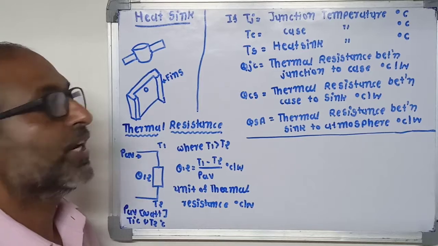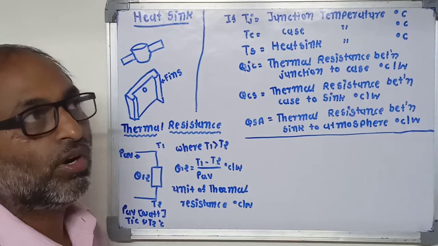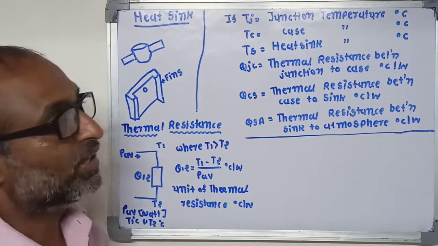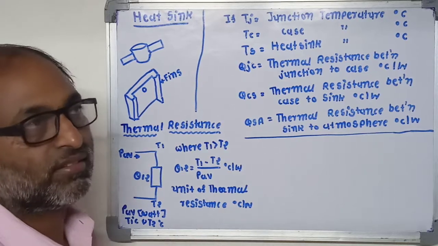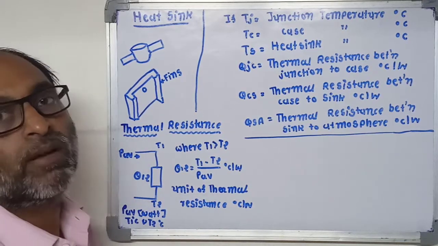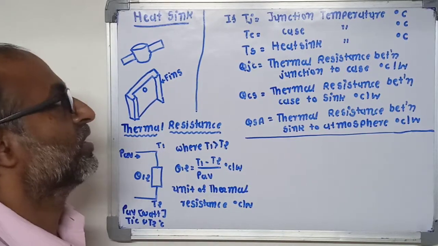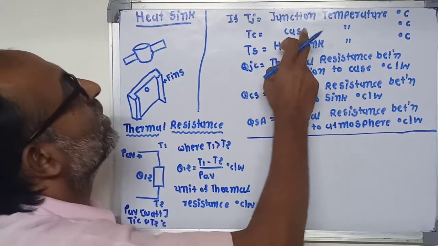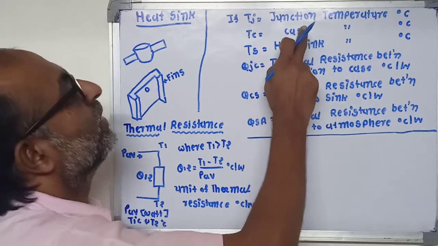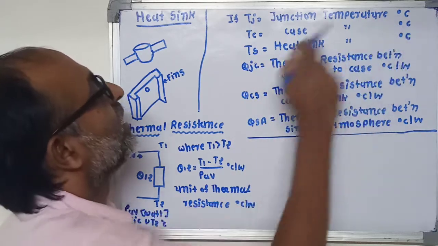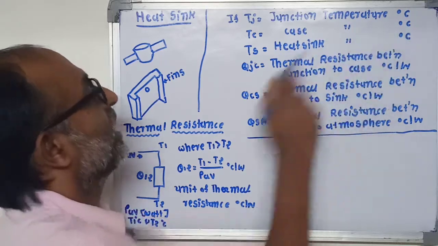Now when heat is produced at the junction due to the internal loss, the flow of heat in the thyristor is first from junction to case, second from case to heat sink, then from heat sink to atmosphere. So if Tj is the junction temperature in degree centigrade, Tc is the temperature of the case in degree centigrade, Ts is the heat sink temperature in degree centigrade.